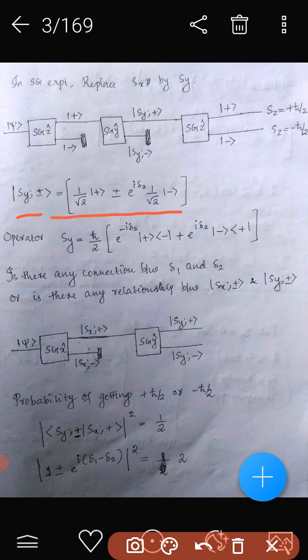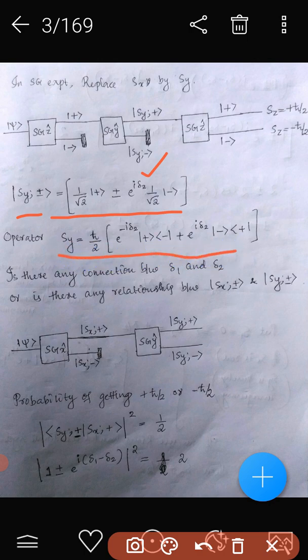So we will get Sy plus or minus ket equal to 1 by root 2 ket plus, plus or minus e to the power i delta 2, 1 by root 2 ket minus. Here delta 2 is the phase factor, and in case of Sx plus or minus we used delta 1 as the phase factor.